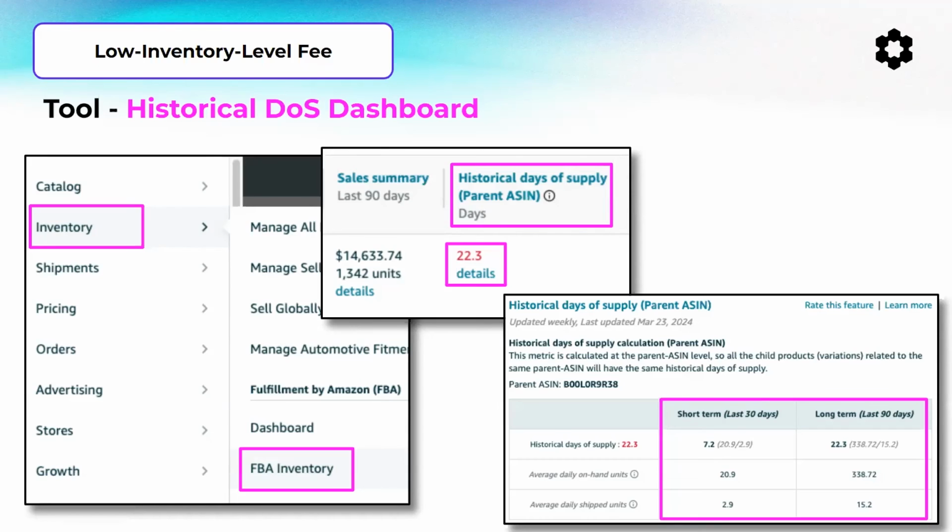So we see that this product particularly is in the fee range, it's being charged fees for every product that ships out. And then if you hover over the detail section, it's going to give you a pop-up that shows you how they came up with that math. So you can see the exact math for calculating short term and the exact math for calculating the long term. And this will give you an idea of which of those ranges you are having trouble with, right?